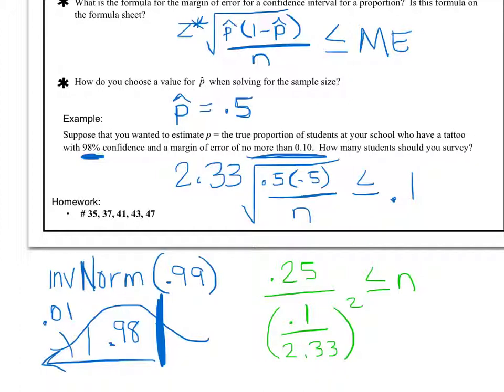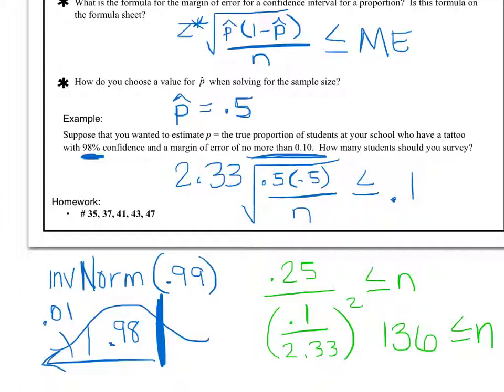So when I solve that out, I get 136. Well, really I get 135.7, but since you can't have 0.7 of a person, you say my sample size needs to be greater than or equal to 136.